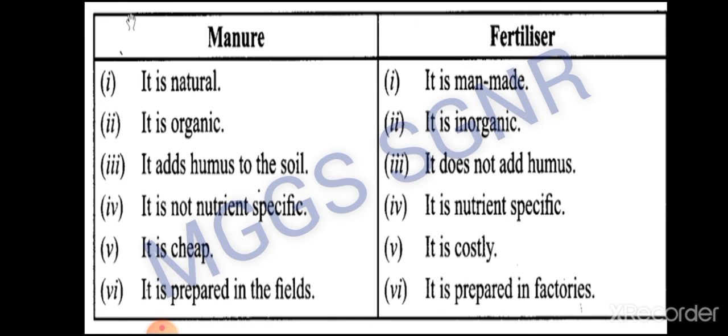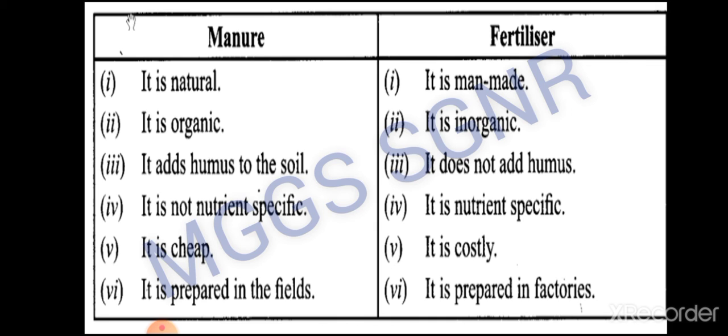But in fertilizers, we are getting specific urea. We are getting specifically NPK. We are getting specific salts. So the fertilizers are nutrient specific. We can know what salt we are providing in the soil now. If we are providing NPK, it means that is nitrogen, phosphorus, and potassium, not urea.